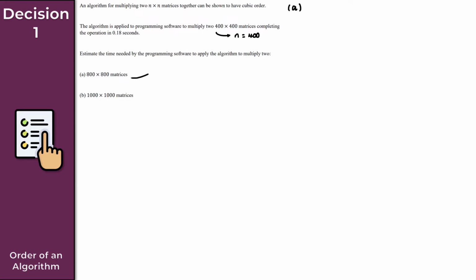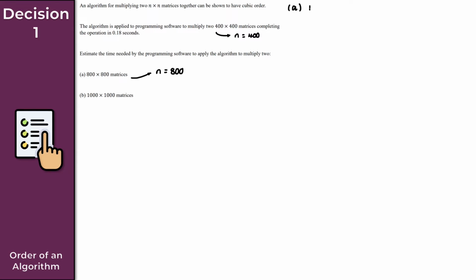And then for part A, n is equal to 800. I'm hoping the factor is quite obvious. The factor here is simply 2. If you weren't too sure how to evaluate the factor, what you'd simply do is take this value of n, 800, divided by this value of n, 400.